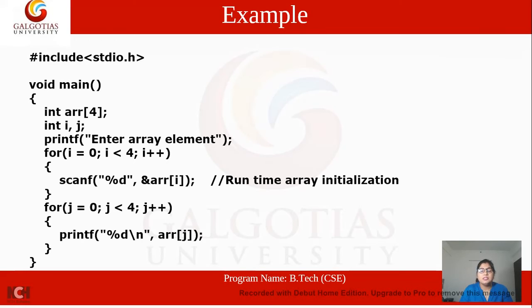Now what I suggest is, you pause the screen over here, note down this program and try to run exactly the same code first, and then try to modify the size of the array and the elements of the array. As I said, if the size is 4 and you try to scan more elements, like here in the for loop it is less than 4, if you put less than 5 and try to scan 5 values entered by the user, then what error do you see?